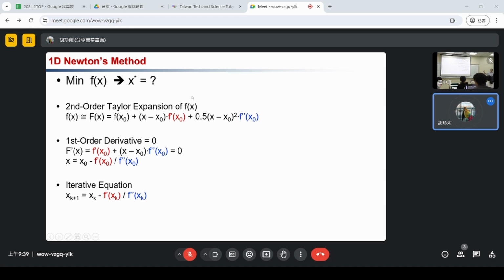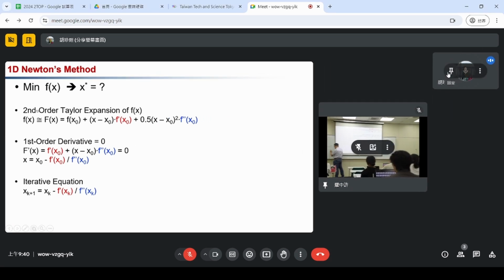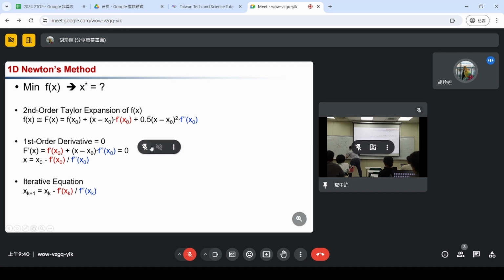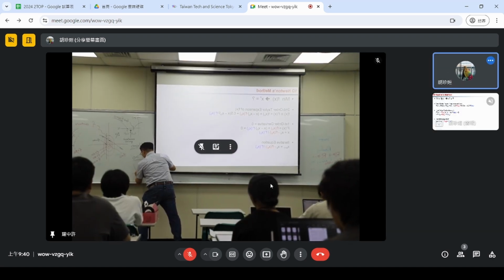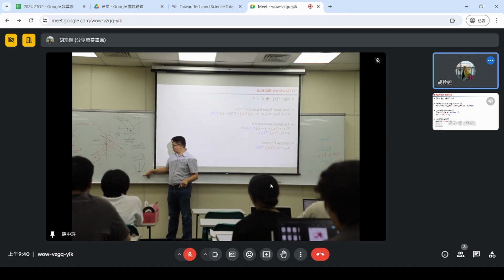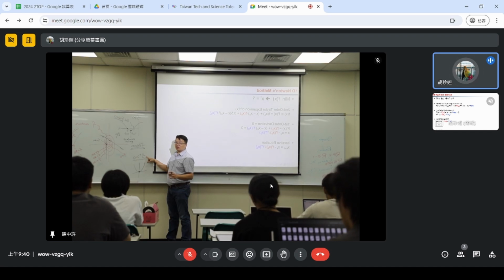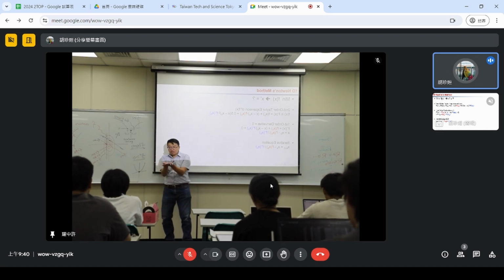Okay, anyway, why do we use Taylor expansion? And also, why second order Taylor expansion? Because for a second order function, if f double prime is positive, we have a function like this. There is a bottom point. So if you have a function that has a positive second order derivative, the function goes up and there is a bottom.